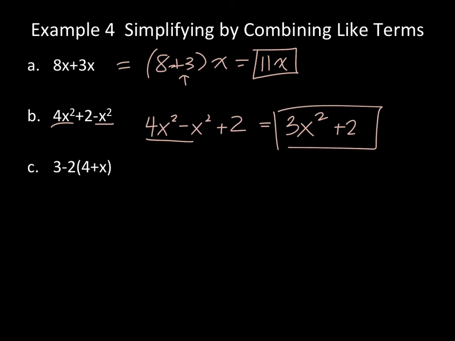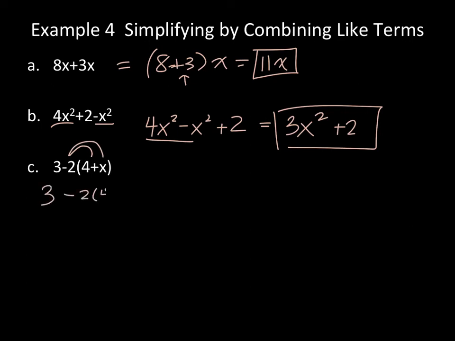This last one here, there's something different. I don't see any like terms, really. But what I do see are grouping symbols. In order to get rid of these grouping symbols, I'll actually distribute that negative 2 first and then simplify from there. So when I distribute this negative 2, I have this 3 on the side.